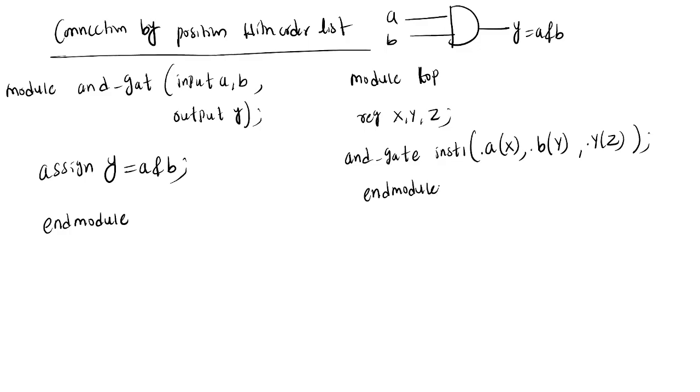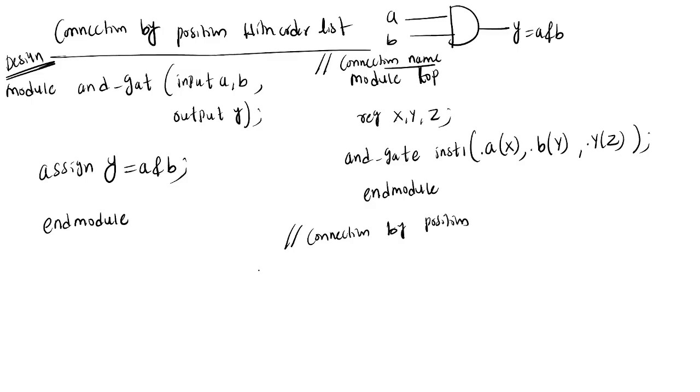So this is connection by name. Connection by position with order list means the design will be the same. Whatever the design is, it will be the same. How can I write connection by position?